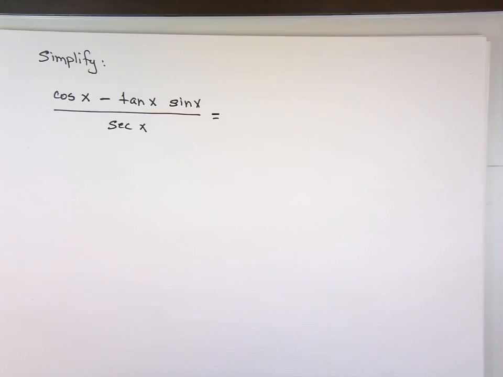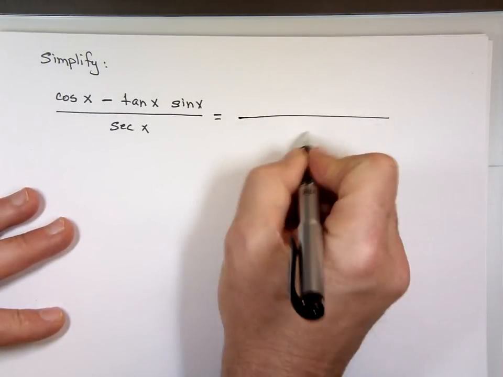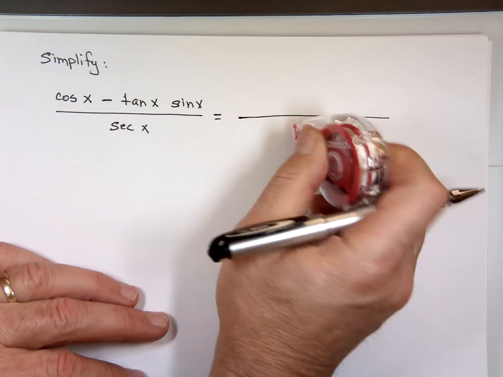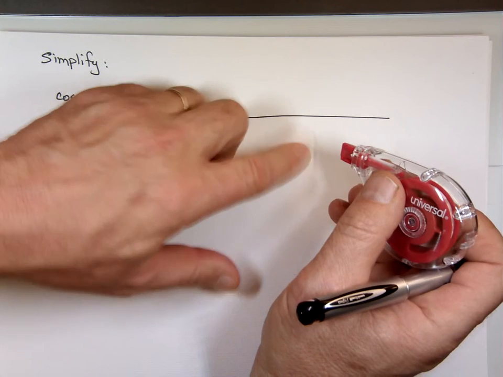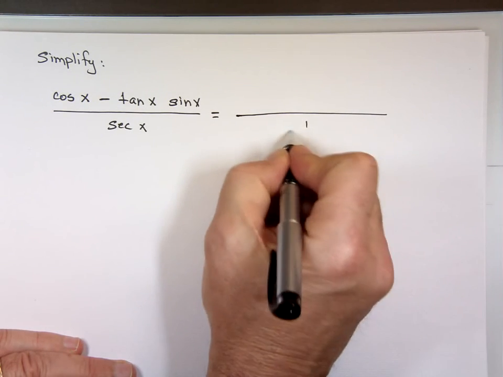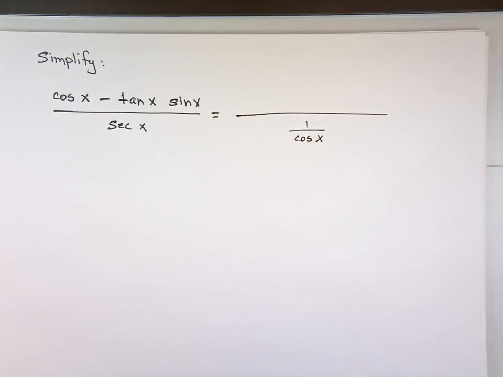And again, you know my style. I'm going to change everything to sine cosine. Oh, as I'm going to change to sine cosine, I start writing secant. Secant is what? Isn't that 1 over cosine? Cosine here.